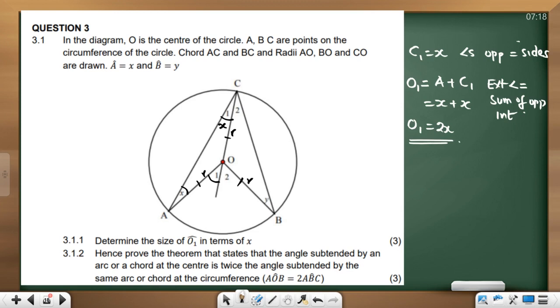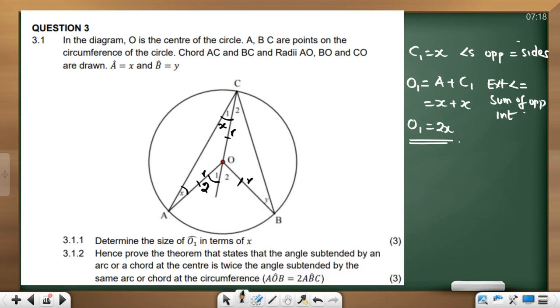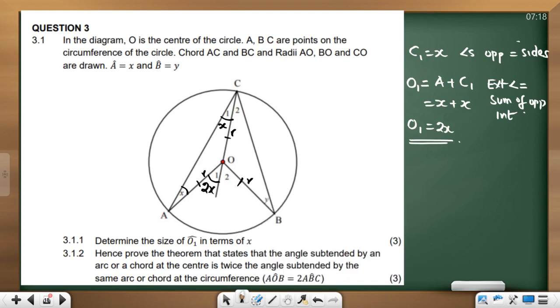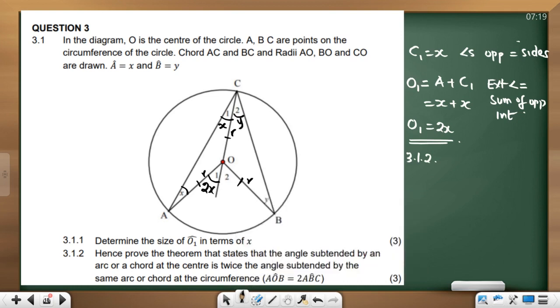Hence, prove the theorem that states that the angle subtended, okay, so that is 2x, by an arc or a chord at the center is twice the angle subtended by the same arc. Oh, so angle at the center is equal to 2 times angle at the circumference. All right. Now, you've done the left-hand side. We are going to do the right-hand side. This is going to be y as well. Same reason. And this is going to be 2y.